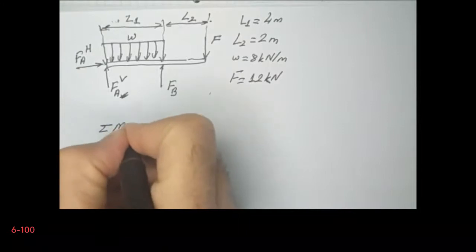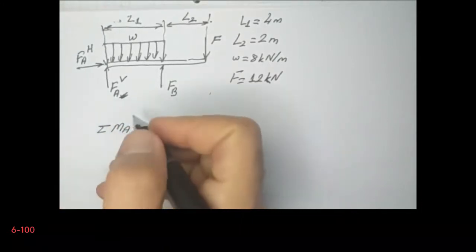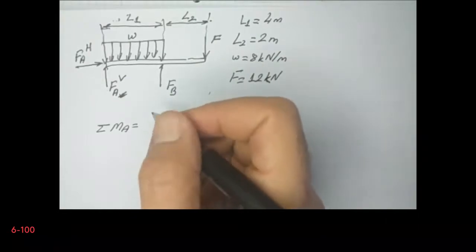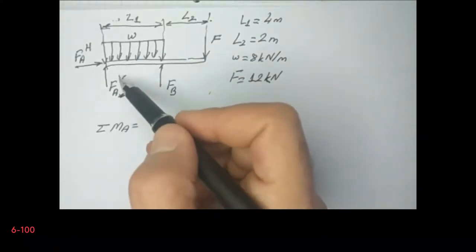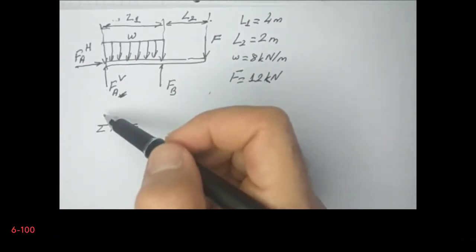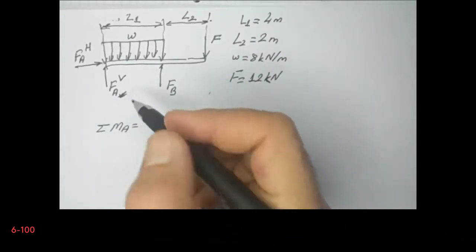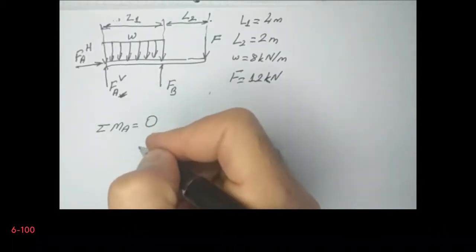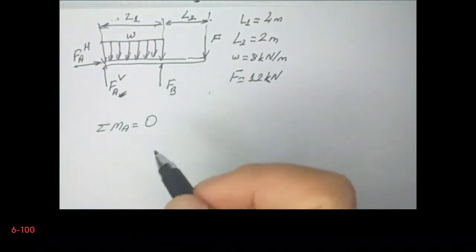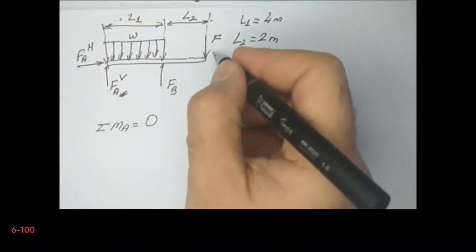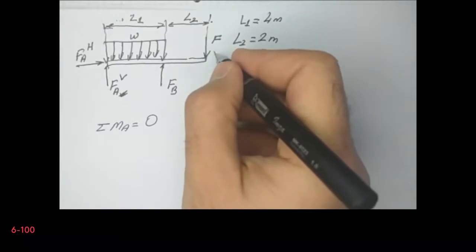I will not write the sum of the forces equilibrium for this configuration, because I don't need to calculate the reaction forces at point A. So the sum of the moments with respect to point A is equal to 0. I can choose any direction as positive, it doesn't matter, so let me choose the clockwise direction as positive.